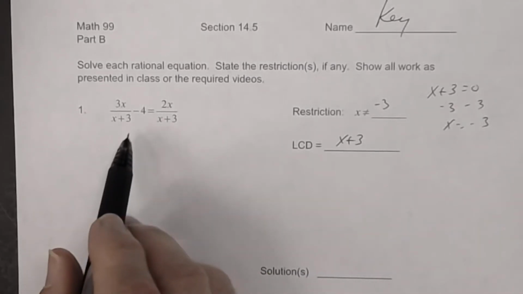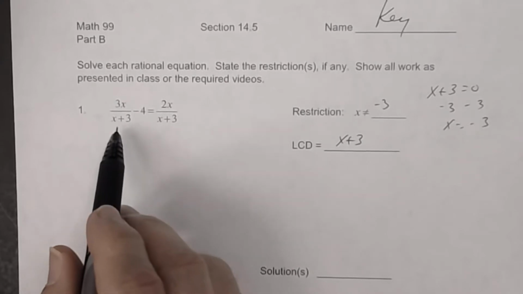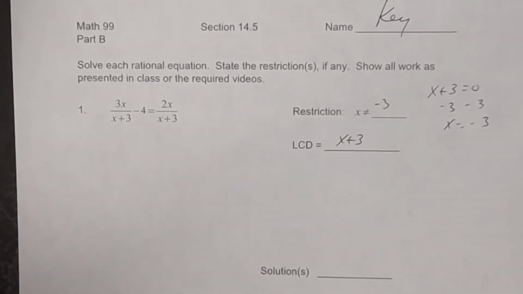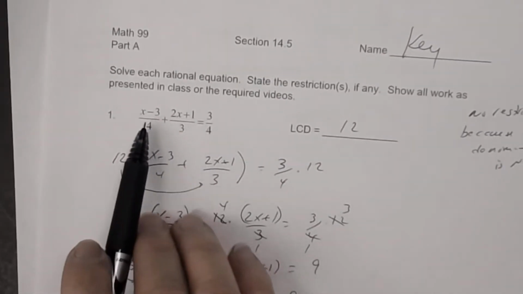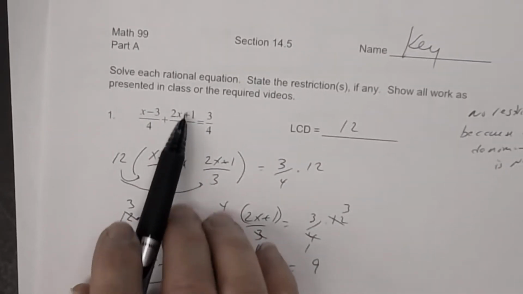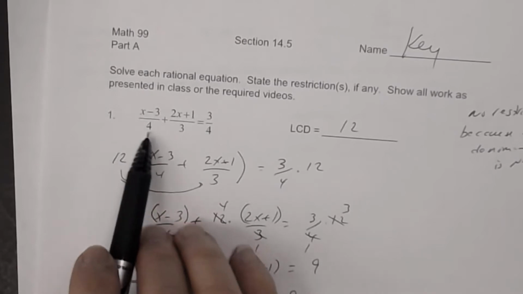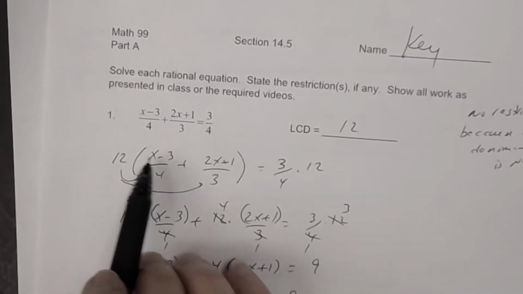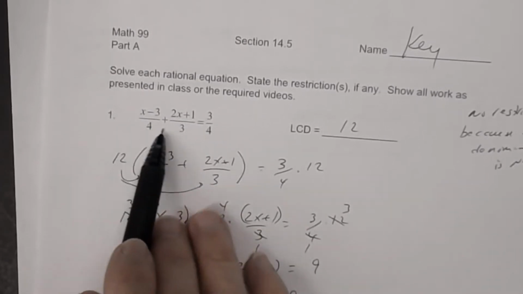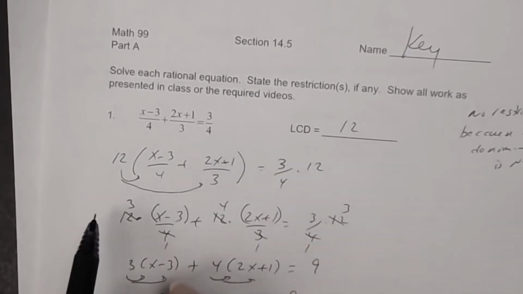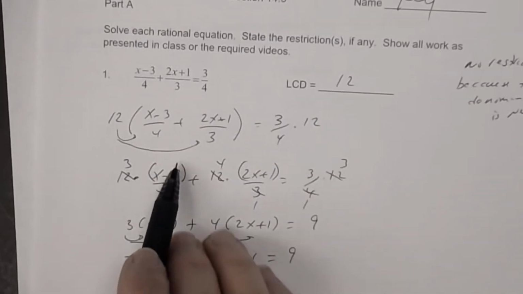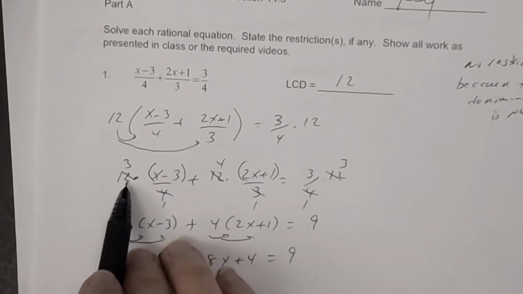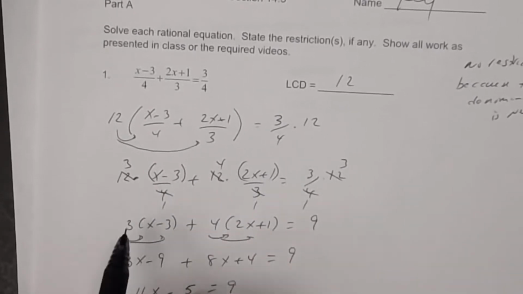Now you're going to notice that when we did Part A, remember we said this has two rational expressions. I need to put that in parentheses. The reason we put that in parentheses is because both of these have to be multiplied by 12. That's where the distributive property comes in. So the first rational expression will be multiplied by 12, and the second will be multiplied by 12.